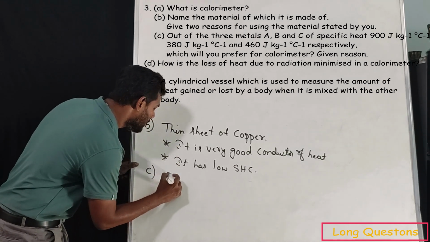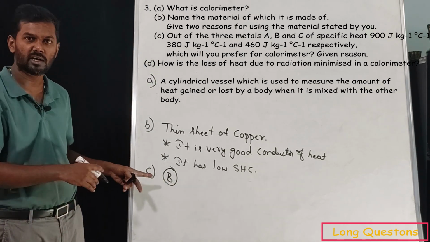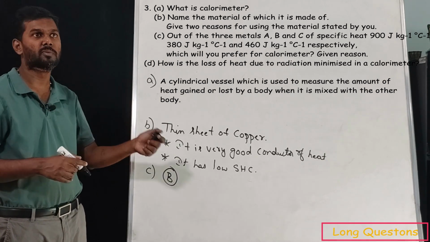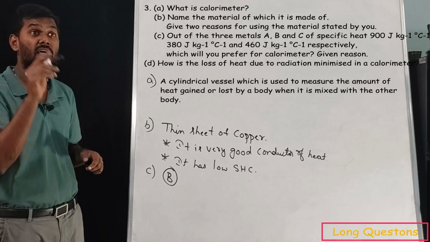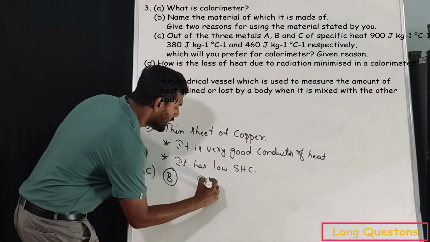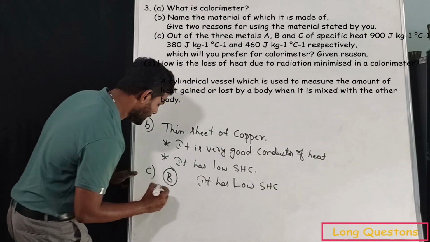So object B is the answer. You just write material B, you will get full marks. No need to write it in the sentence form also. The material B is used because it has low specific heat capacity. So they are asking reason, right? They are asking reason because it has low specific heat capacity.